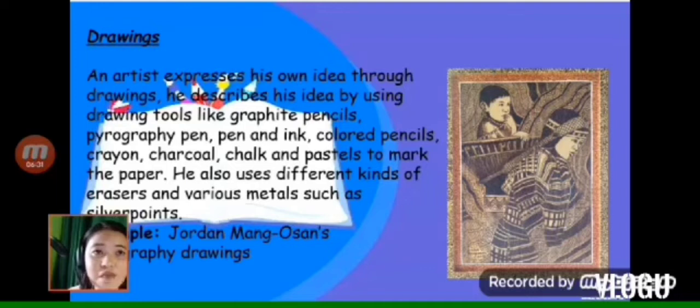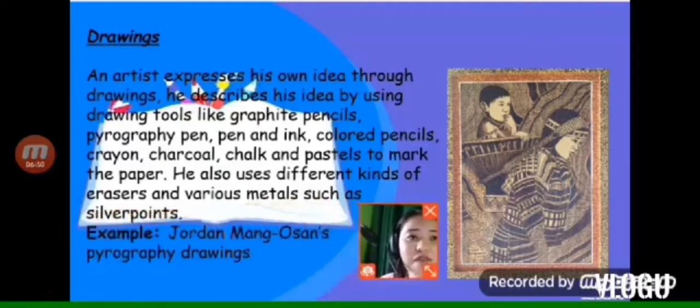He describes his idea by using drawing tools like graphite pencils, pyrography pen, pen and ink, colored pencils, crayon, charcoal, chalk, and pastels to mark the paper. He also uses different kinds of erasers and various metals such as silver points. At the right side of the presentation, we have an example of Jordan Mang Osan's pyrography drawings.